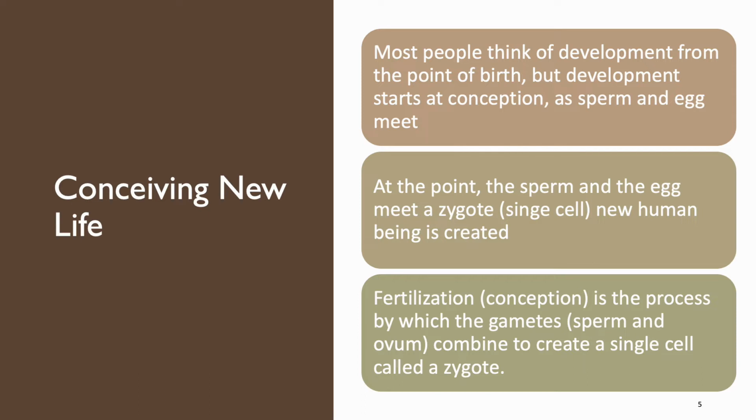It is created in that moment. Fertilization or conception is the process by which the gametes, the sperm and the ovum, combine to create a single cell called the zygote.